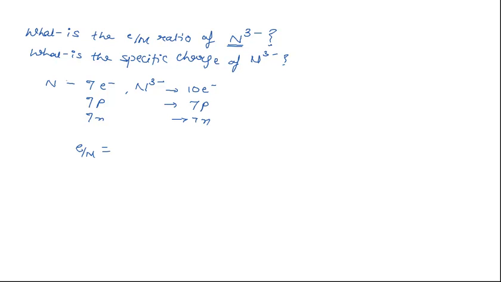So your E by M will be equal to what? That would be 10 multiplied by minus 1.6 into 10 to the power minus 19 coulombs. That is the charge on electron. Plus, how many protons are there? There are 7 protons.